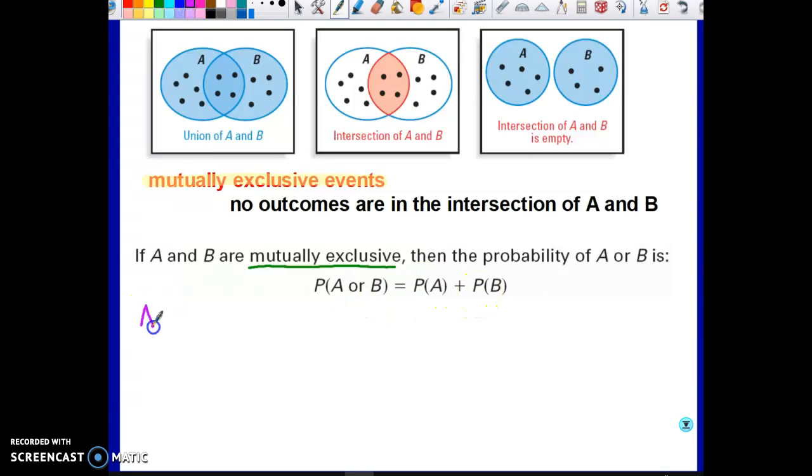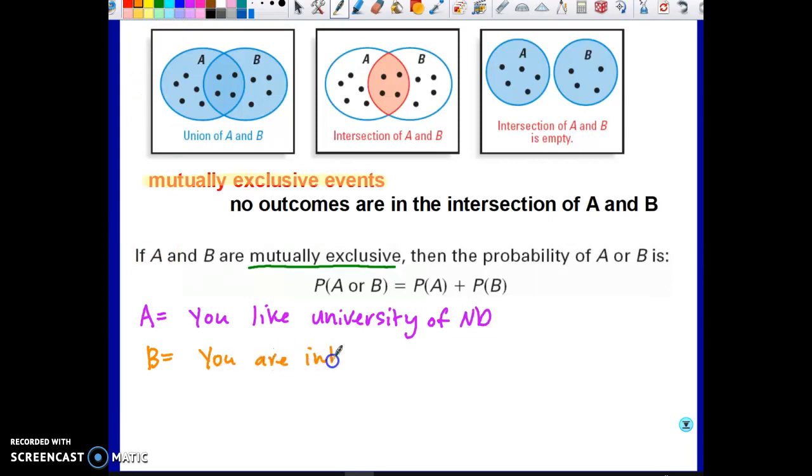So let's say that A in this case is that you are a UND fan. You like the University of North Dakota in Grand Forks. And let's say that B is that you are intelligent.